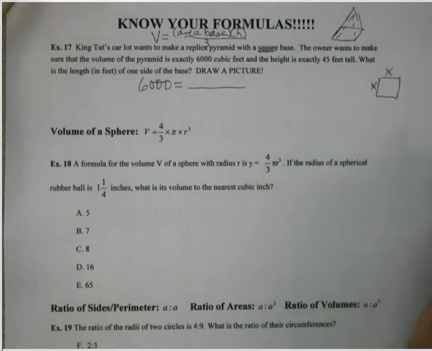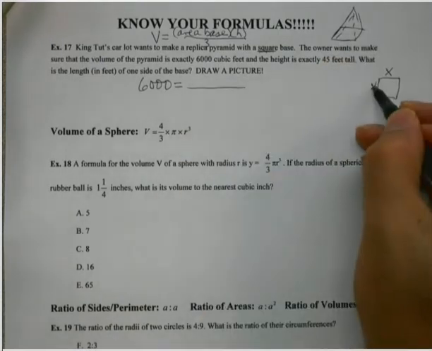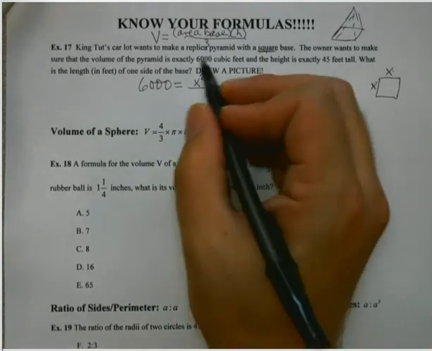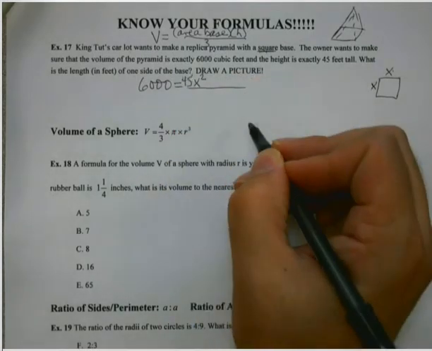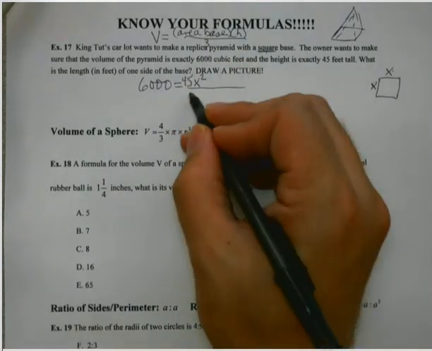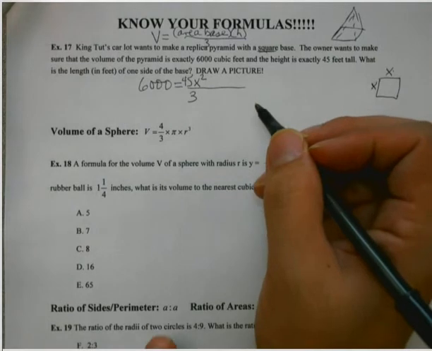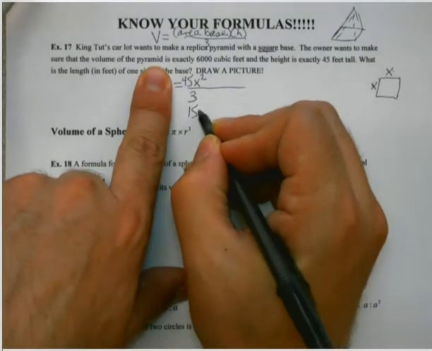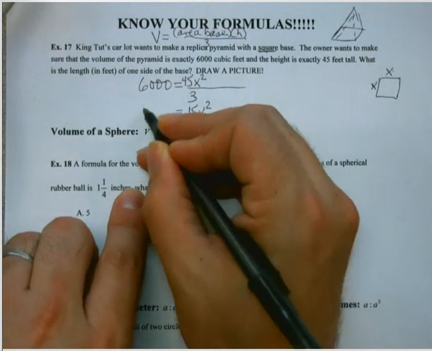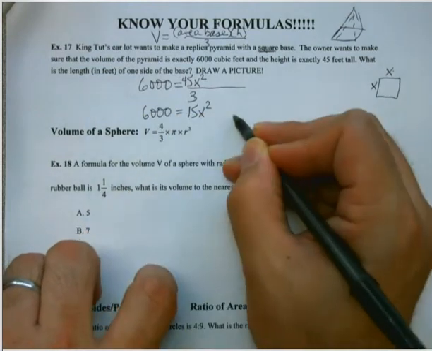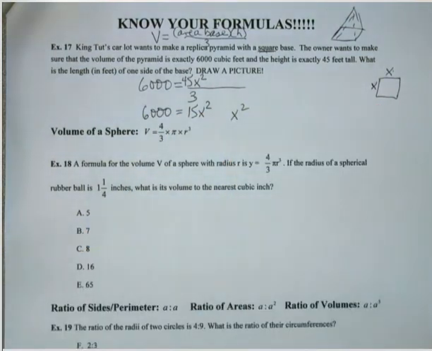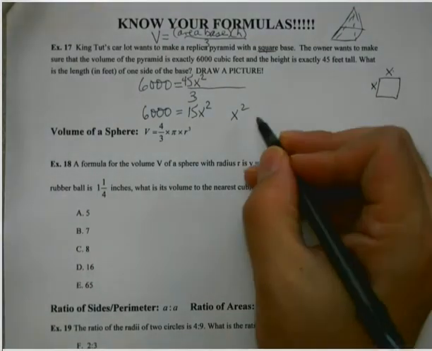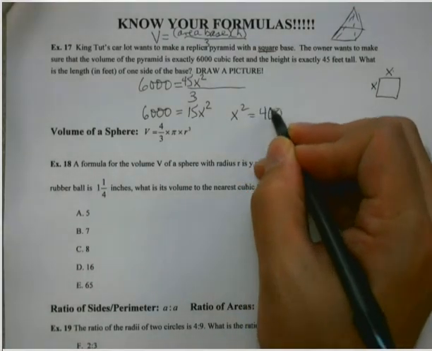They're going to be the same on each side, so x times x is x squared times the height, 45, and we have to divide that by 3. So before we look at this as a whole, 45 divided by 3 would be 15x squared equals 6,000. We'll go ahead and divide by 15, which means x squared would be 400.